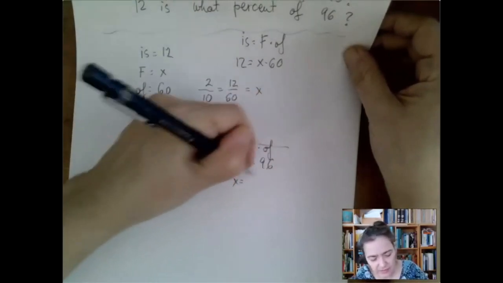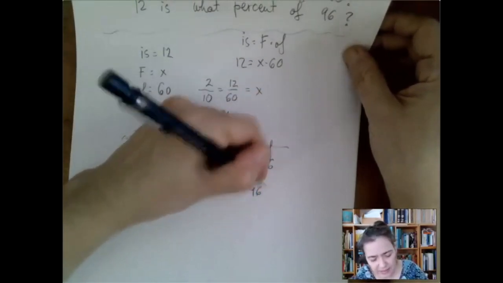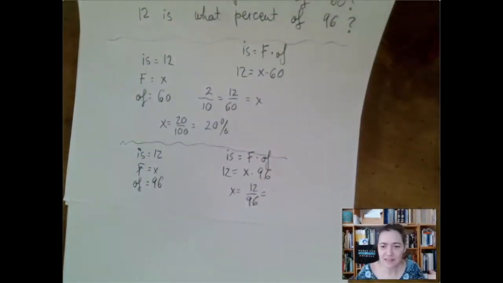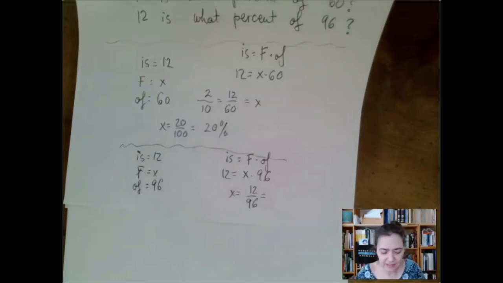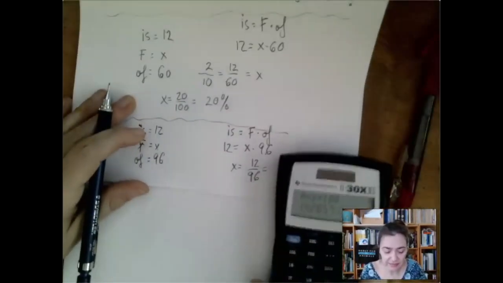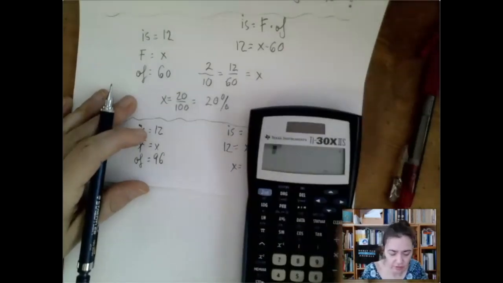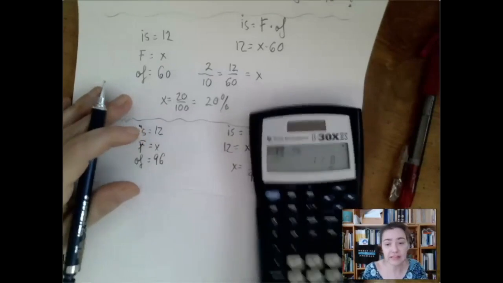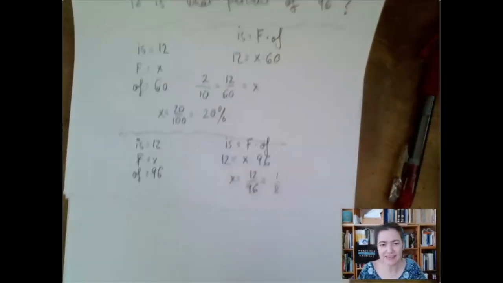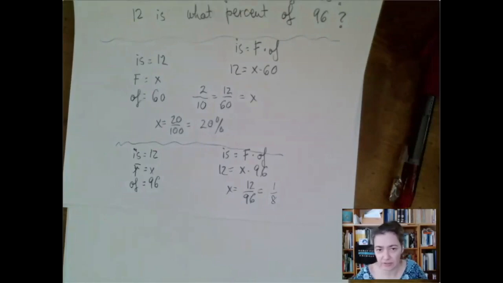So x is 12 over 96, which is less lucky. It's even after cancellation. I think 96 is 6 times 12, but we can just cheat with the calculator and say 12 fraction bar 96. Yeah, oh, 1 over 8. So I was wrong. It's 1 over 8, and the problem is that 8 is not really a divisor of 100, right?